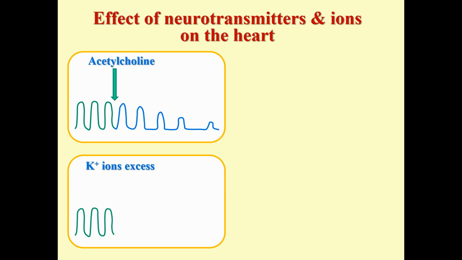Excess of potassium also produces a decrease in heart rate and in the force of contractions. Look, but if this potassium excess is great enough, it may not simply decrease heart rate and force of contraction, but produce a hard stop. The heart relaxes and stops, stopping in diastole.